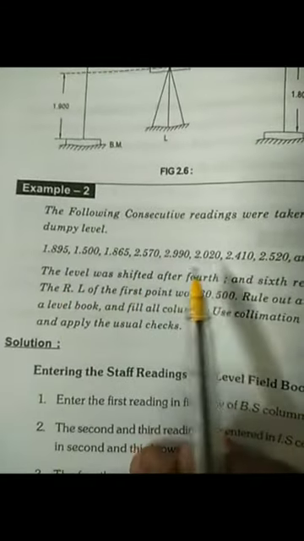So these are the levels taken by our dumpy level instrument, and the level was shifted after the 4th and 6th readings. That means at the 4th and the 6th reading the instrument has shifted.